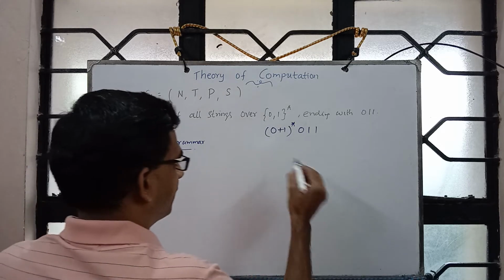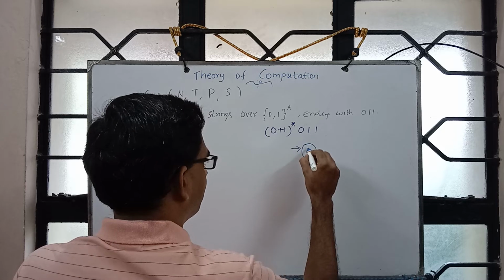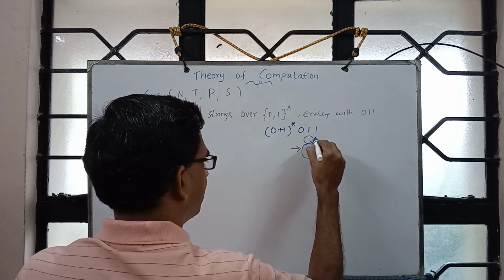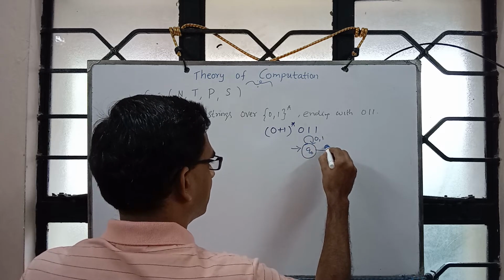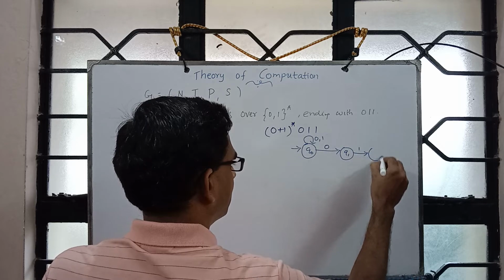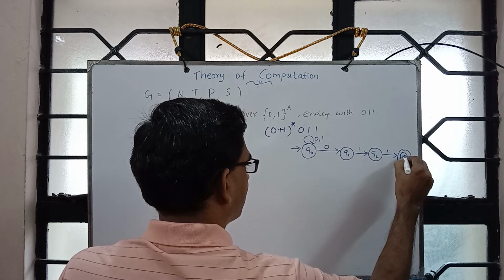One can always get a regular grammar from a finite automaton, be it NFA or DFA. So let me go through this: Q0 followed by 0, Q1, 1, Q2, 1, Q3.